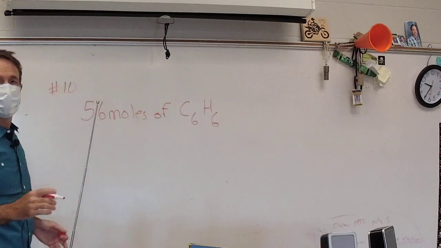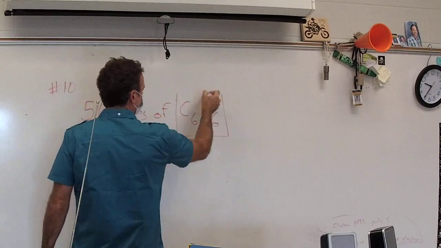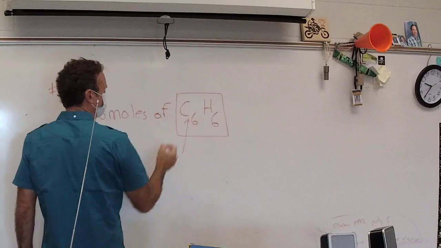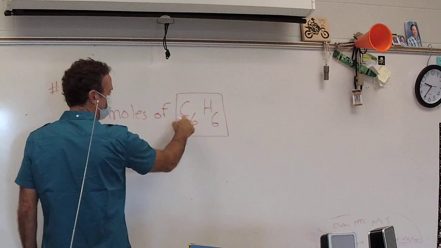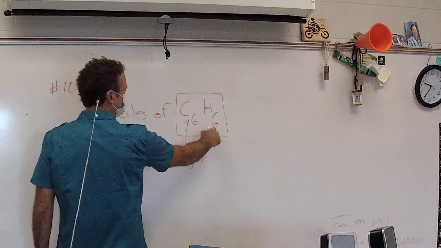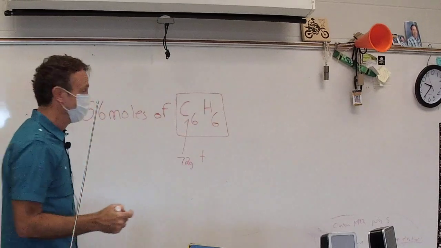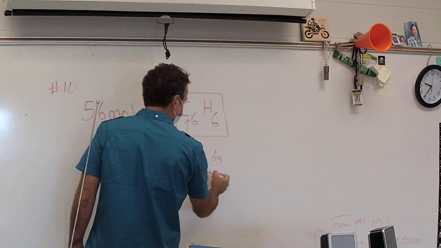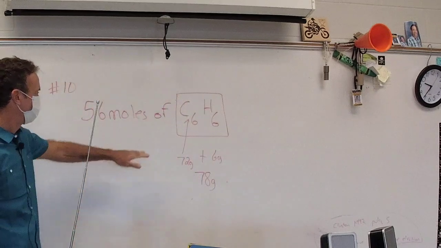Now, these are very easy. We ask ourselves, how much would 1 mole of this weigh? Carbon weighs 12, and you have 6 carbons. So that's 6 times 12, 72 grams. Plus, you have 6 hydrogens. Every hydrogen weighs 1, right? So 6 times 1 is 6 grams. So this would be 78 grams per 1 mole, right?